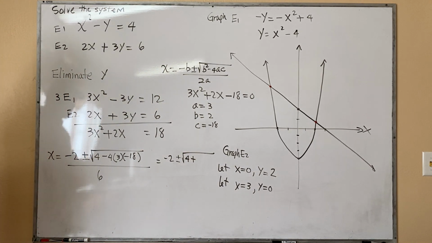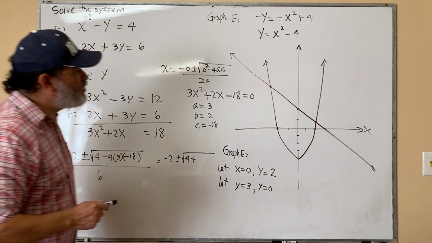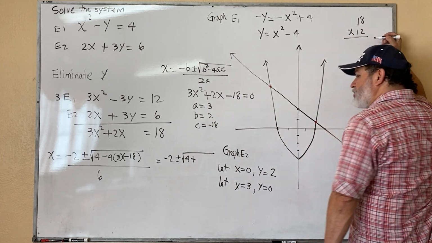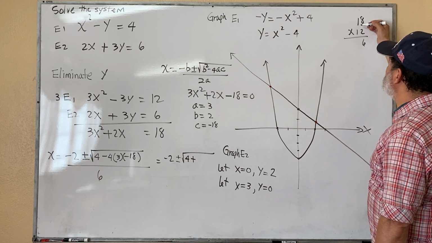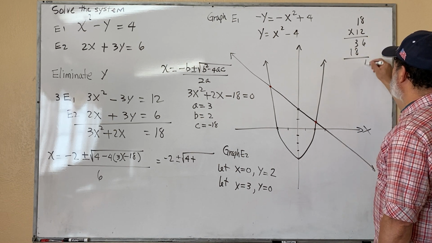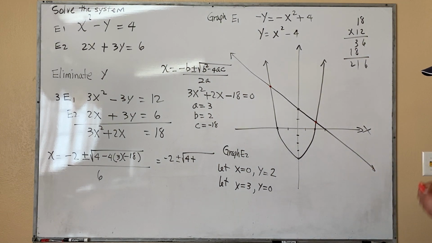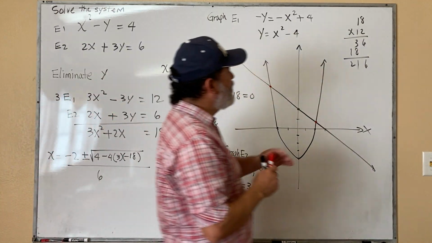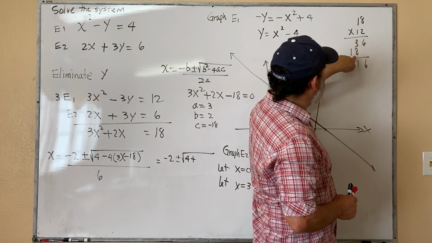Let's multiply 12 times 18. 2 times 18 is 36. 1 times 18 is 18.